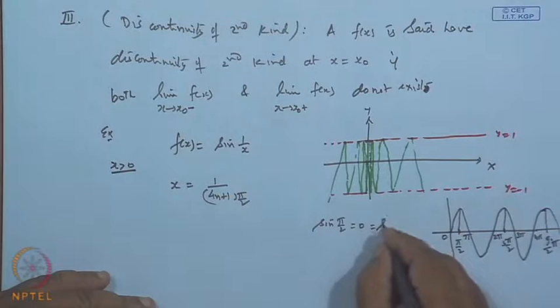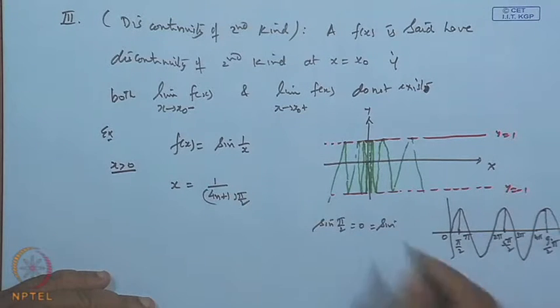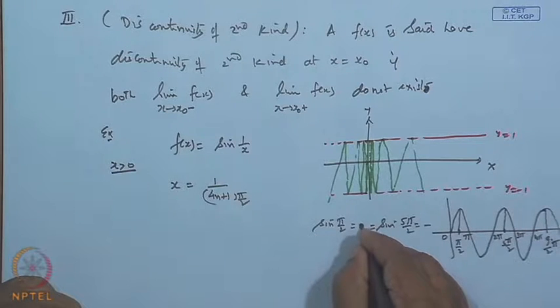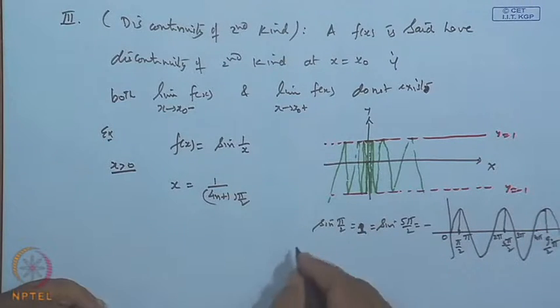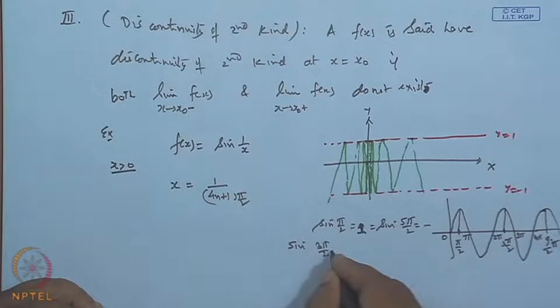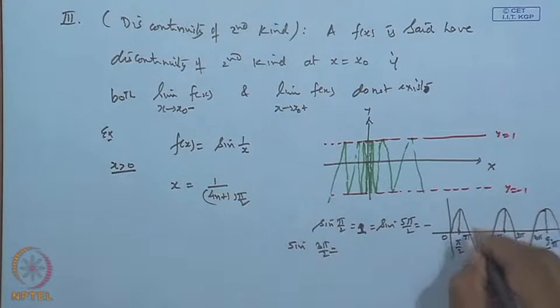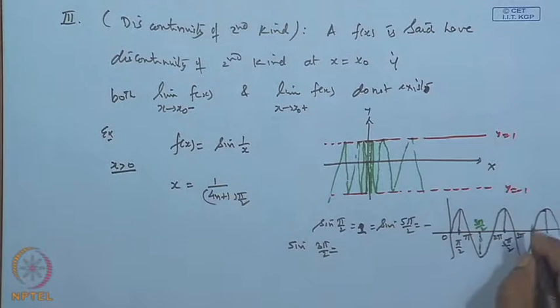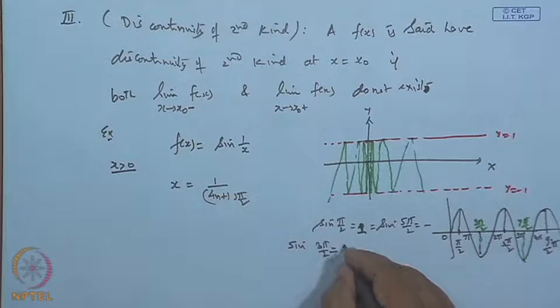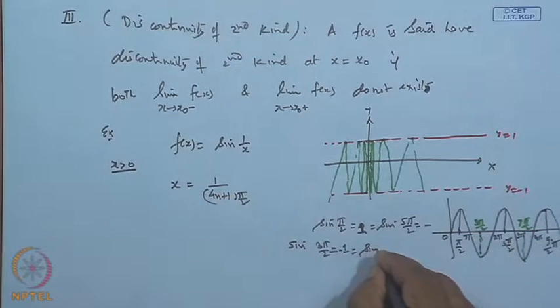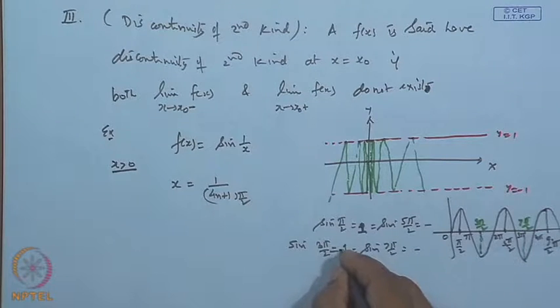So sine of pi by 2, 5 pi by 2, 9 pi by 2, and so on, has value 1. And if we look at sine of 3 pi by 2, and sine of 7 pi by 2, and so on, the value comes out to be minus 1.